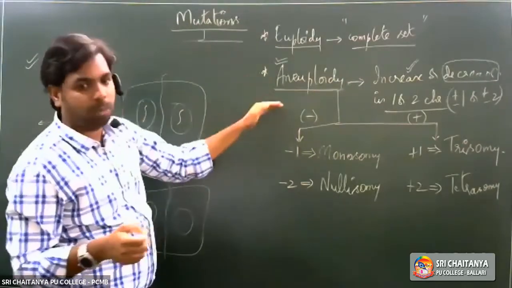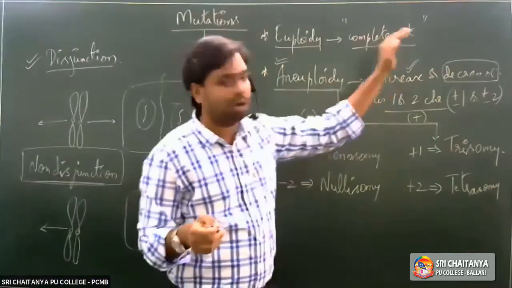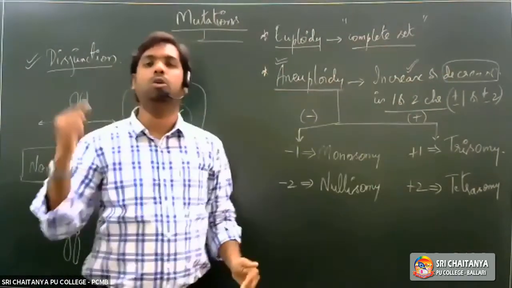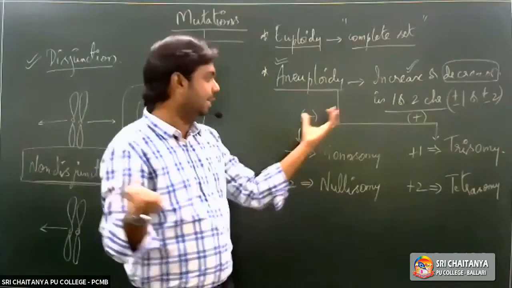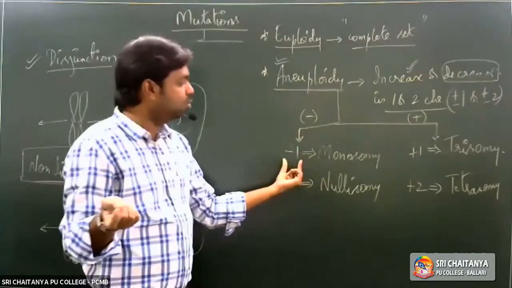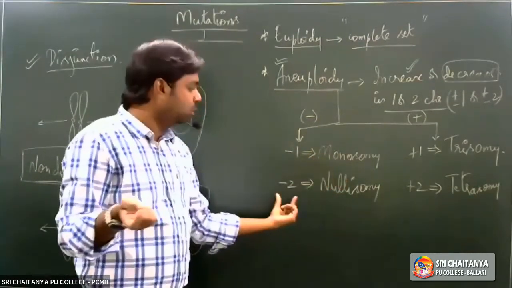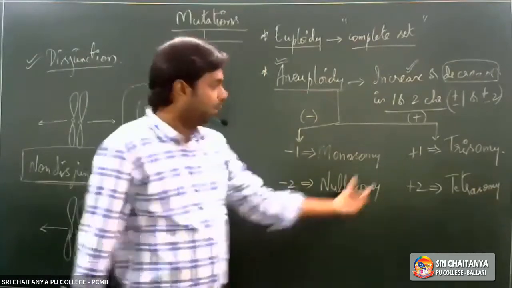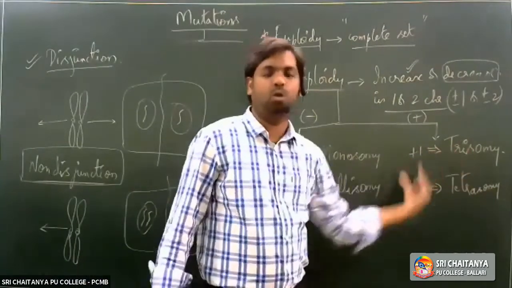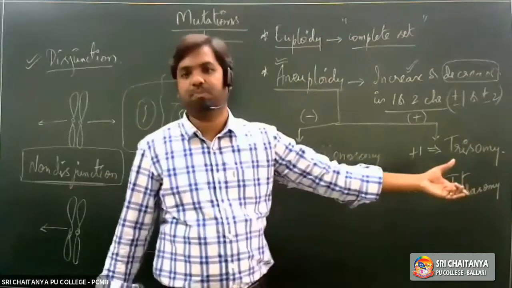Aneuploidy: there is either an increase or decrease in one or two chromosomes. If there is a decrease in the number of chromosomes, one chromosome less is monosomy, two chromosomes less is nullisomy, one chromosome extra is trisomy, and two chromosomes extra is tetrasomy. This is what we have.